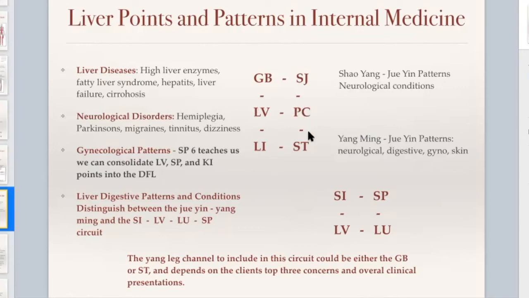Now, this one here is the Jueyin Yangming circuit, okay? So whenever you see a liver pattern, you need to distinguish between, is it a Shaoyang Jueyin pattern or a Jueyin Yangming pattern, or what sort of liver pattern is it? Now, a lot of you are probably already doing this, if you're really fluent in the balance method, but this is really important to revisit with internal medicine, okay?